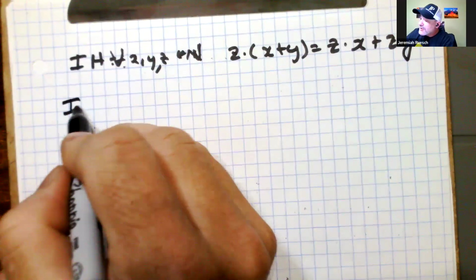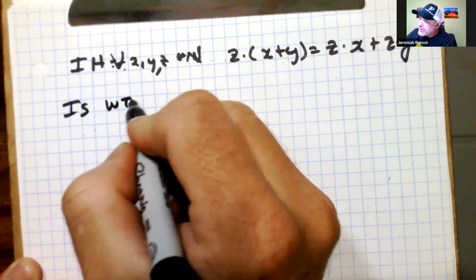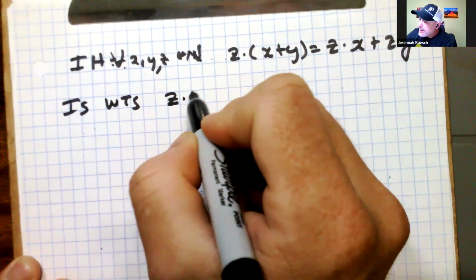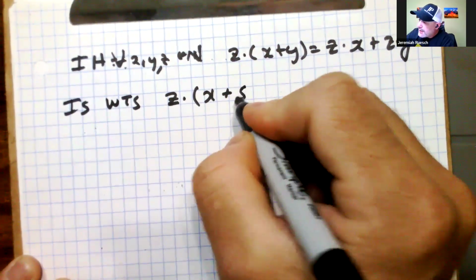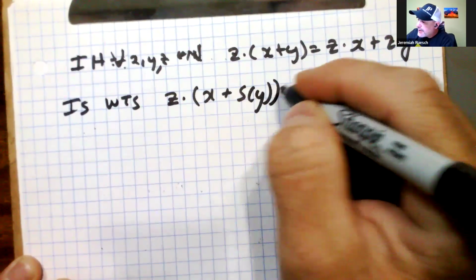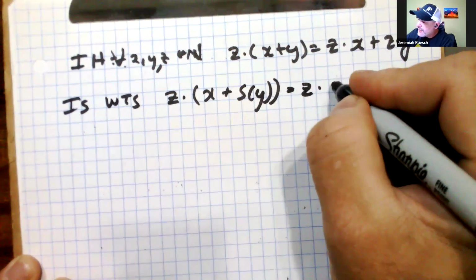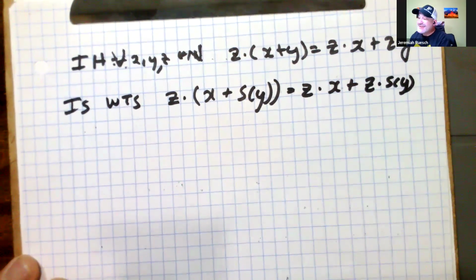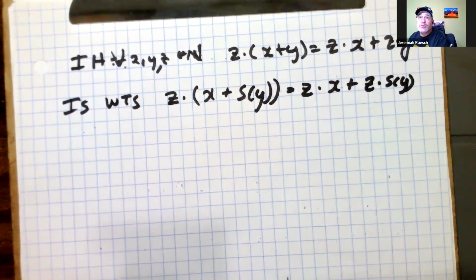And then the induction step, what we want to show is that z times x plus the successor of y is equal to z times x plus z times the successor of y. Okay, so that's what we want to show.